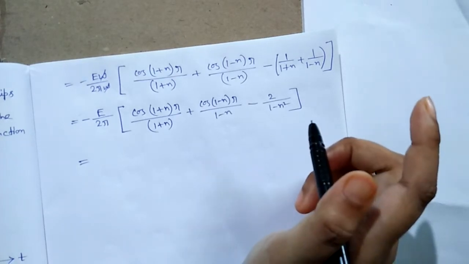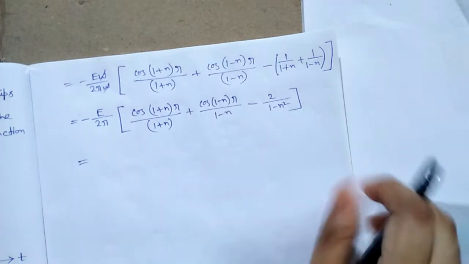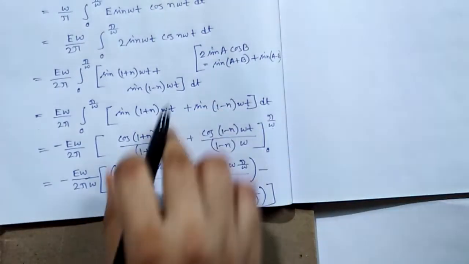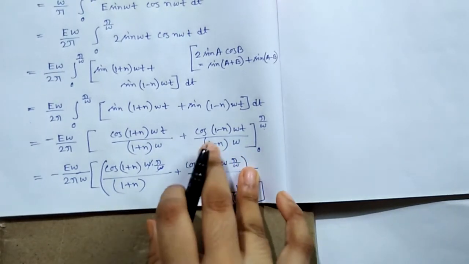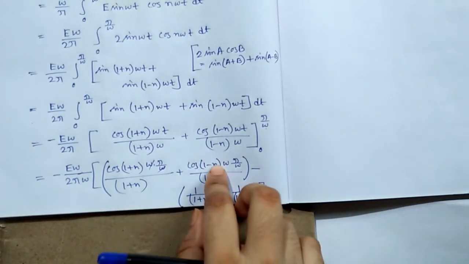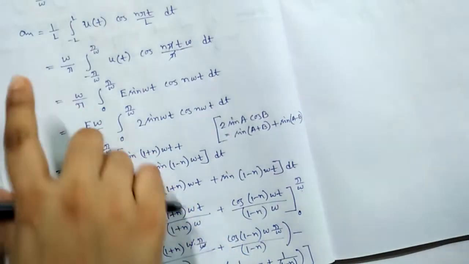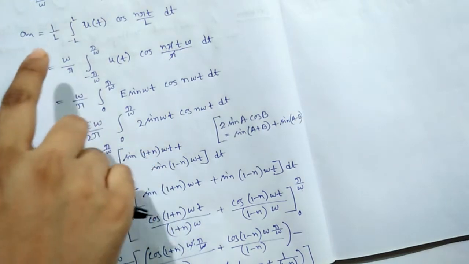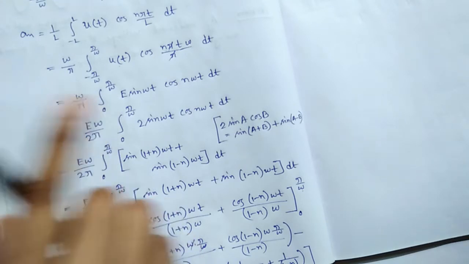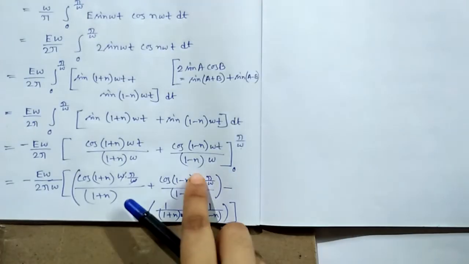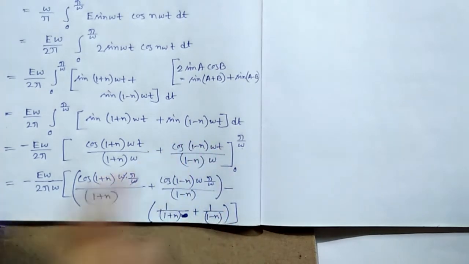But before writing this, we have to write something. See, when we are writing in this line, the denominator section is 1 minus n. So this is the calculation for n, and the value of n will be calculated for n equal to 1, 2 and so on. When we put n equal to 1, then this denominator will be 0, so the total term will be undefined.